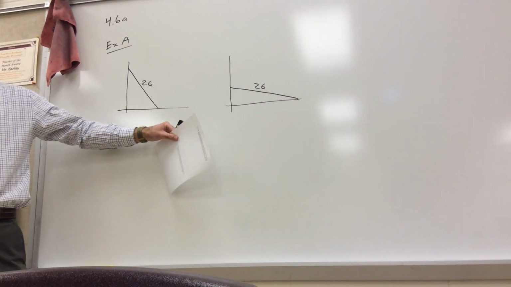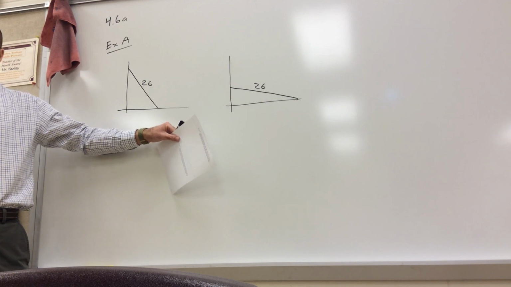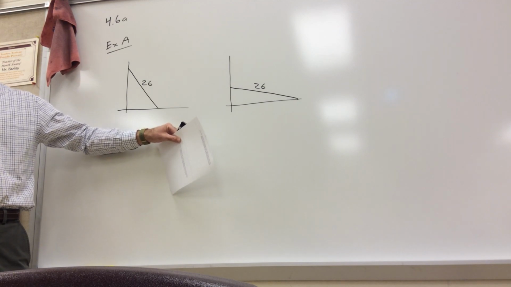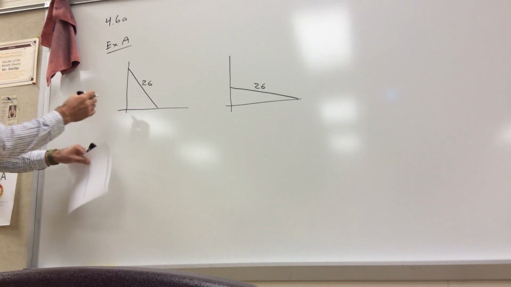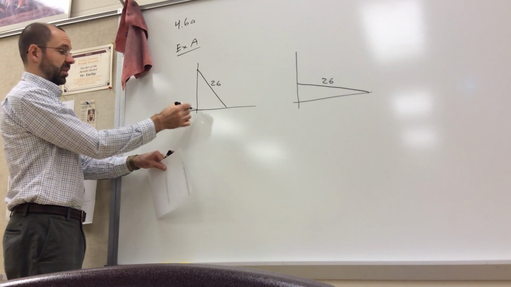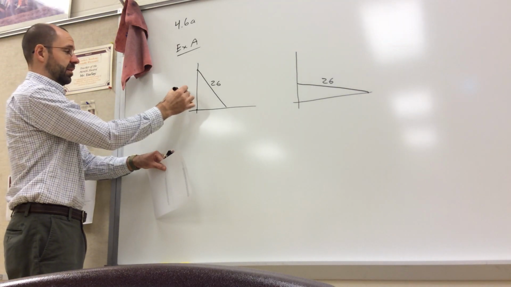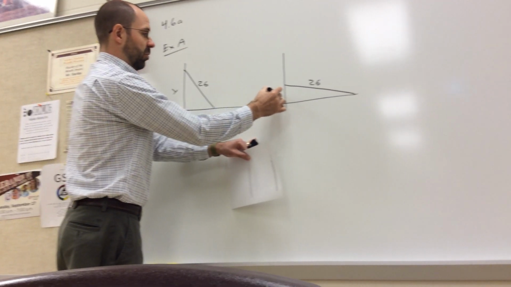So it's okay to mark that as 26, because that's not changing. But any quantity that's changing, you need to mark as a letter. So I'm going to have y represent the distance from the ground to the top of the ladder. And here y is pretty big, but here y is smaller.